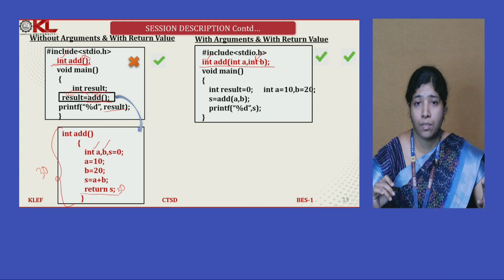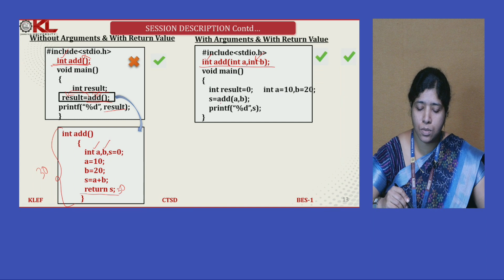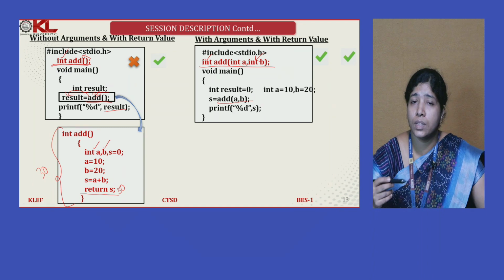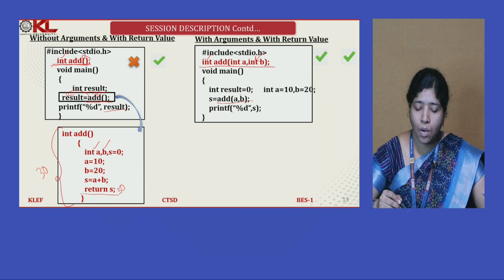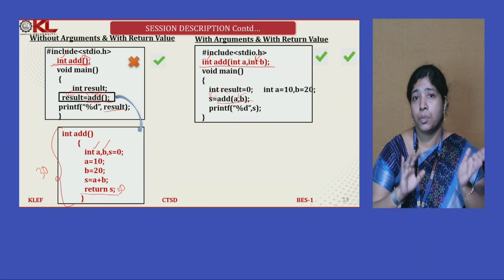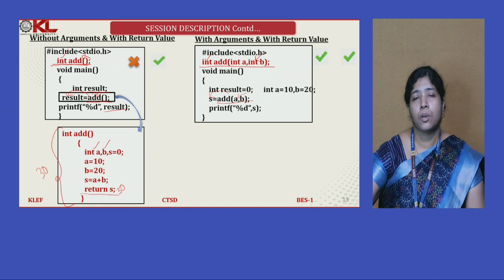Now I am supposed to pass the values. This is the calling function, and this is the called function. I am invoking the function here. What is the function name? Add. How many variables are you giving? a and b. What are the values? a is 10 and b is 20. Now the result is stored in S, and I am printing it. Inputs are given, so where should the processing be done?